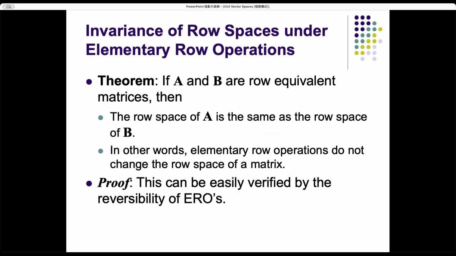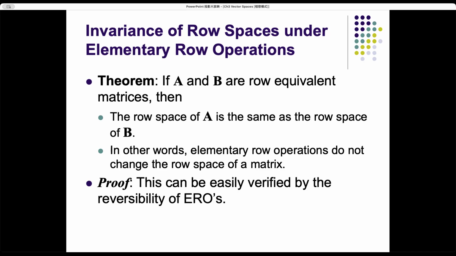If A and B are row equivalent matrices, then the row space of A is the same as the row space of B. Remember row operations: row equivalent means B can be obtained from A by elementary row operations.